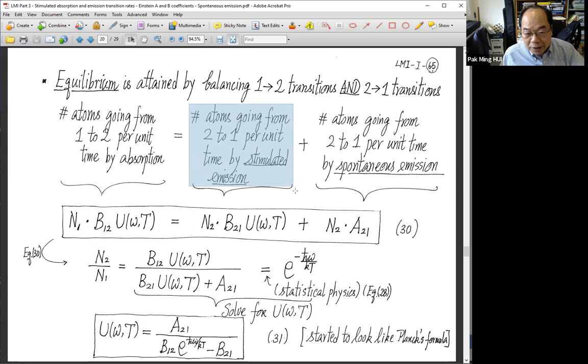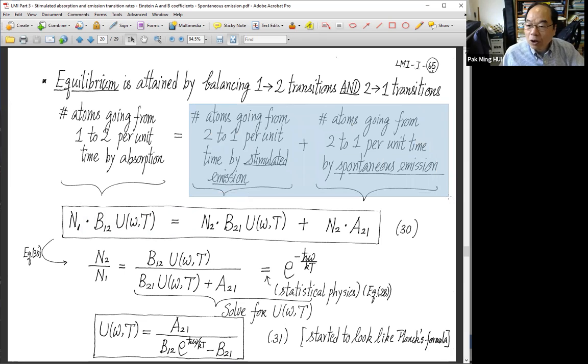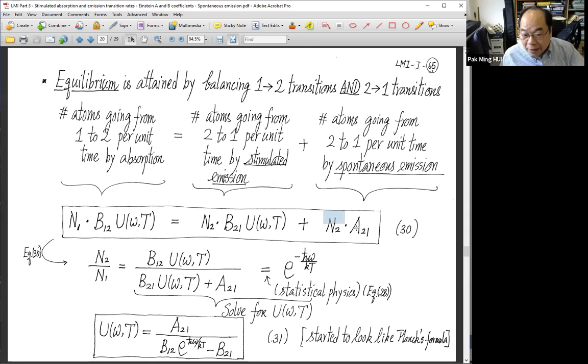There are two processes for atoms to go down from 2 to 1. One is spontaneous emission. A21 is per atom per unit time. I have N2 up there, therefore this many will be coming down by spontaneous emission. Similarly, this many will be coming down by stimulated emission, the new process proposed by Einstein.